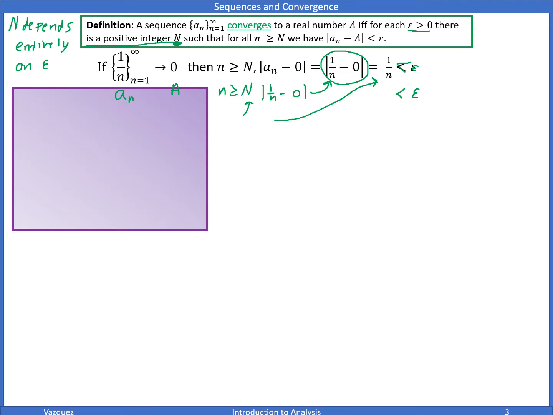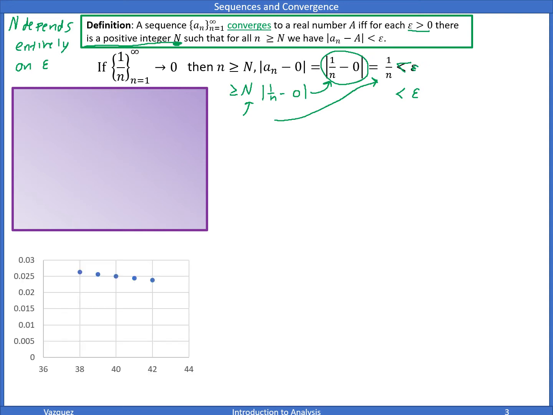So let's do this with an example here. And I'm going to draw the picture here just to make things even easier. So for example, if they gave us epsilon equal to 0.025, which I got from our goal, right? That was our goal from the last slide, to be within epsilon of 0. We are given epsilon to be 0.025.